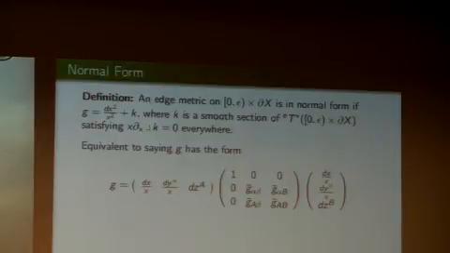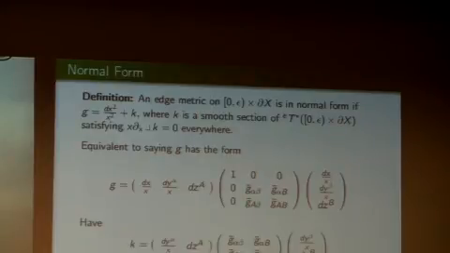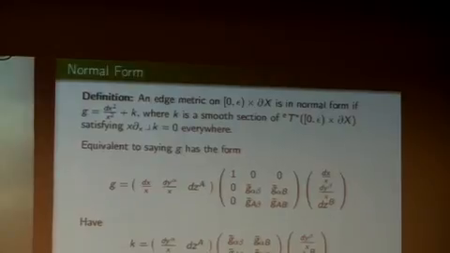This is equivalent to saying that these zeros mean you have no dx over x terms. And the 1 is just saying the coefficient of dx squared over x squared is 1. So that's an analog for these edge metrics of the normal forms I talked about in the asymptotically hyperbolic case.